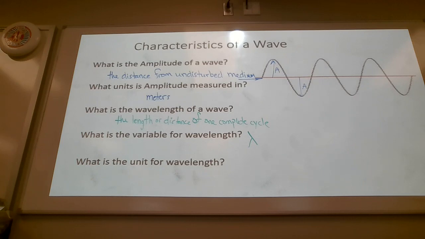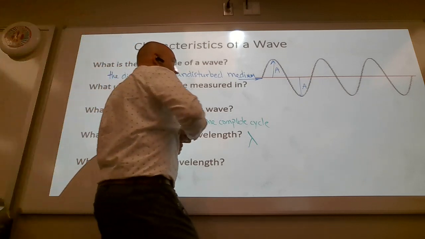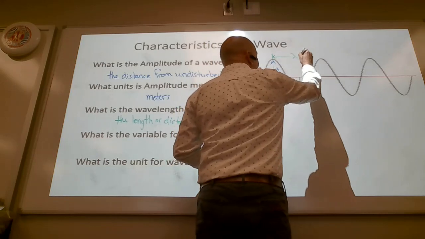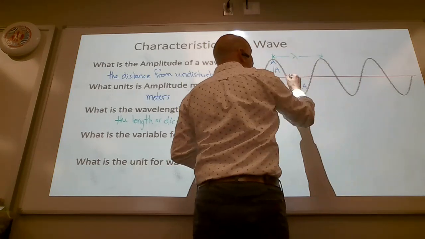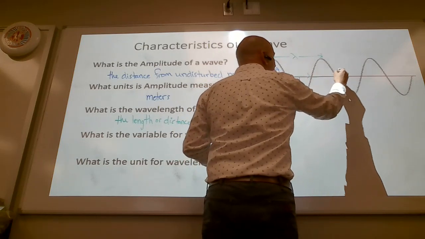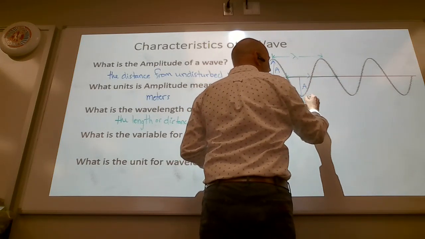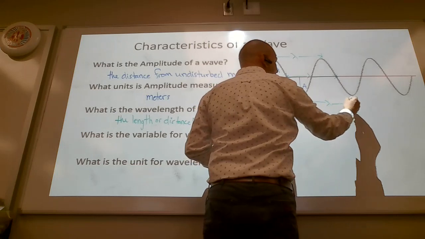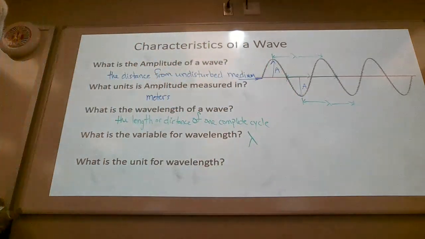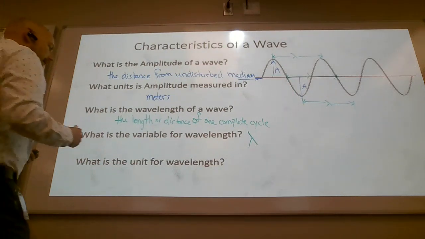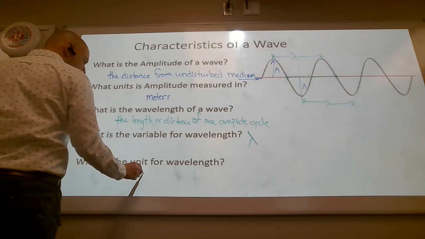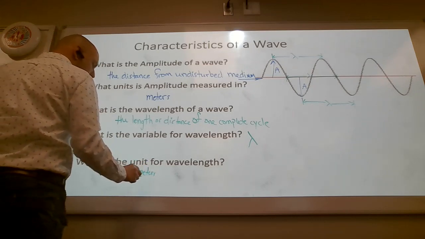Okay. And this is the length for one complete cycle. So this is a wavelength. You could say this is a wavelength. You could say this is a wavelength. Length for one complete cycle. And it's also a distance or a length, so we're measuring that in meters as well.